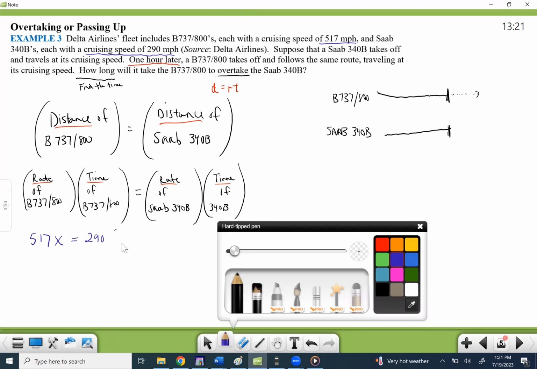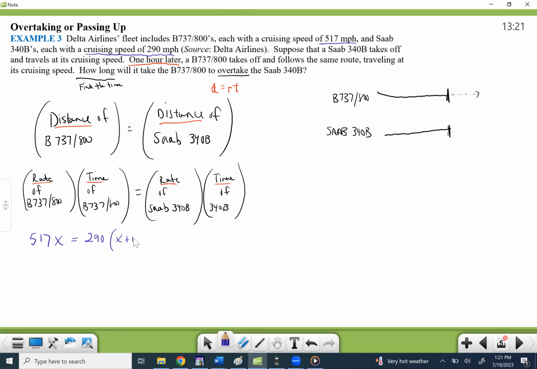So instead of putting X, I'm going to put X plus 1 for its time. So the Saab took off first. That means it got an extra hour that the B737 didn't get. So instead of taking X, which is the B737's time, we're going to do X plus 1.